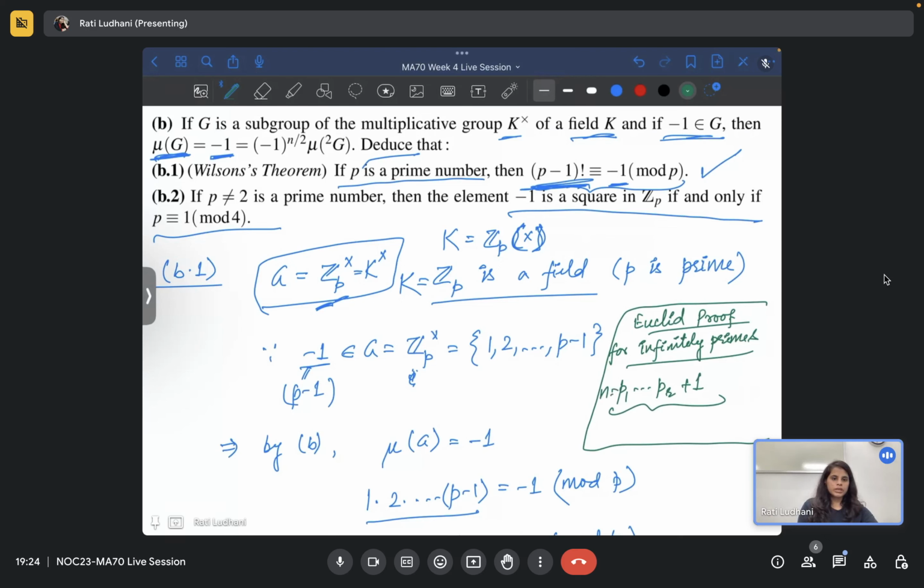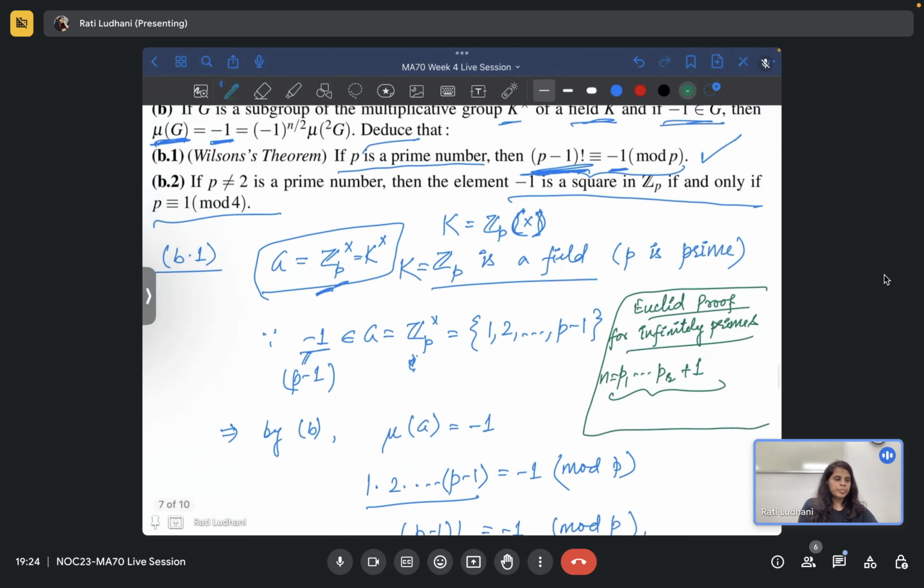But p1 to pr cannot be that prime, because if you divide by any prime out of p1 to pr, you will get just 1 as the remainder. So it cannot be a divisor of m. So there will exist some other prime which divides it. That's Euclid's proof for infinitely many primes.